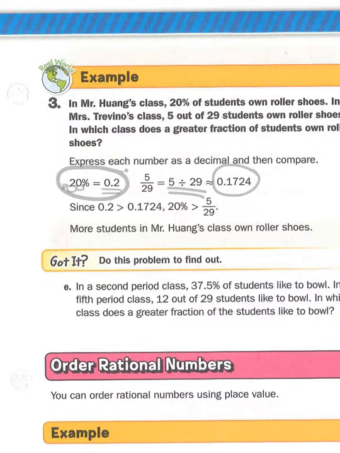So now what you would have to do is to compare these two decimals. Remember, when we compare decimals, you need to line up the decimal points and compare from left to right. So I'm just going to write it vertically so it's easier to see. We have 0.2, 0.17. Of course, we could add a 0 here if we wanted.